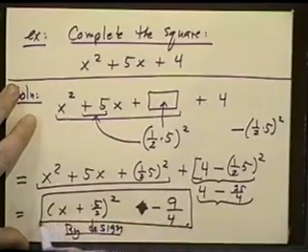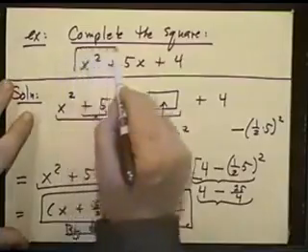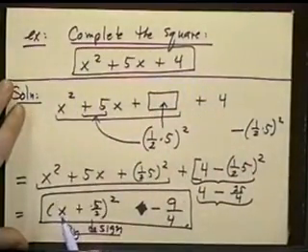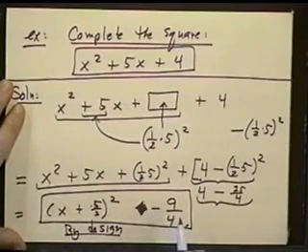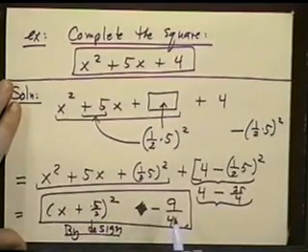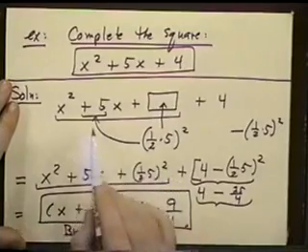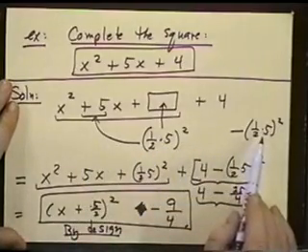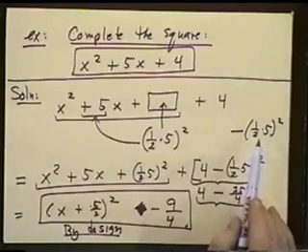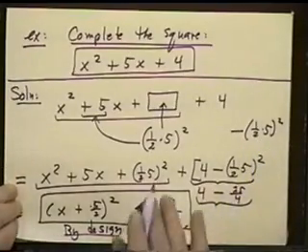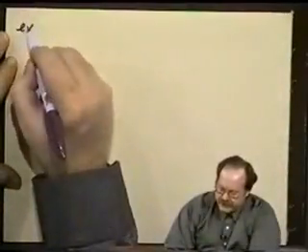Now, you can check the arithmetic on your own, but I've started out with this trinomial, which was not a perfect square, and I've rewritten it as a perfect square minus a constant. That's the technique of completing the square. And if you follow this method, more or less, you should avoid making mistakes. Now, I'm going to show you a couple of other variations on this so you can see what might happen. But this is the basic technique. All right, my next example.